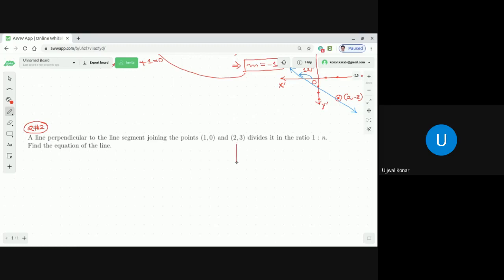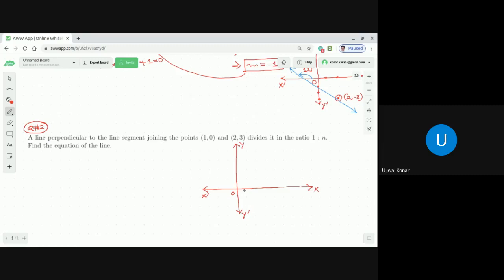Let's first draw the coordinate axis. So this is x-axis, X'OX, and this is y-axis, Y'OY. A line perpendicular to the line segment joining the points (1, 0) and (2, 3).